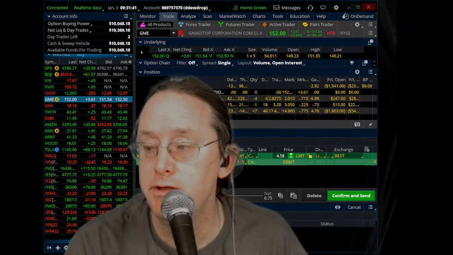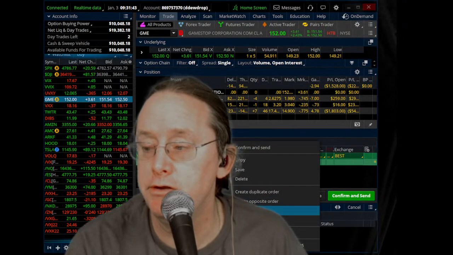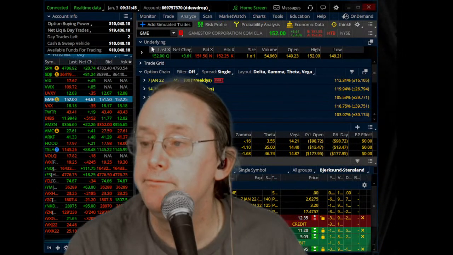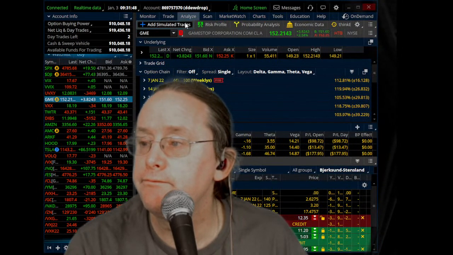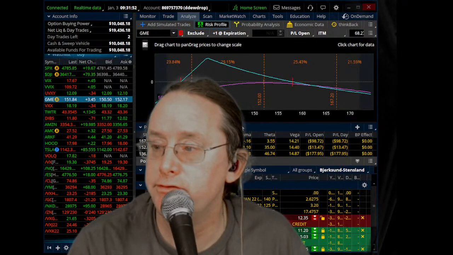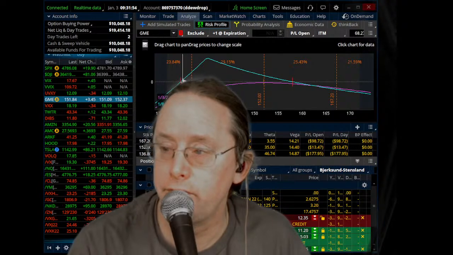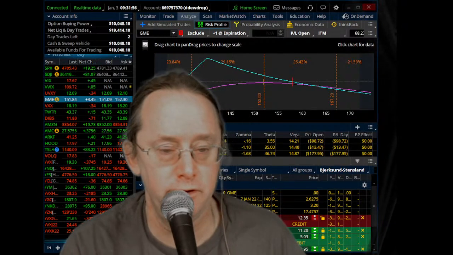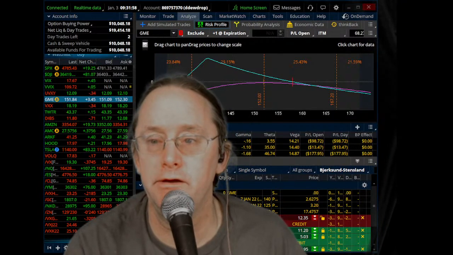And we can actually plot that on a chart. If I go to the risk profile here, this is going to show over time what the spread is worth.